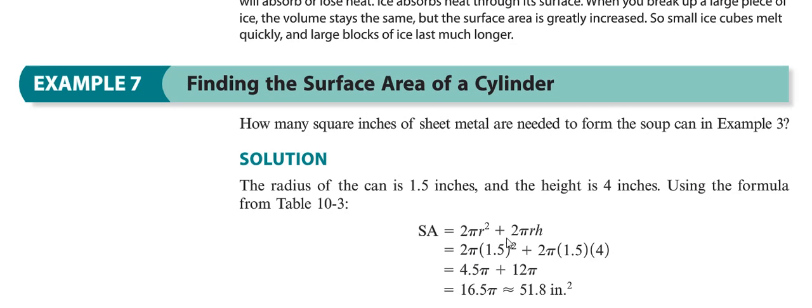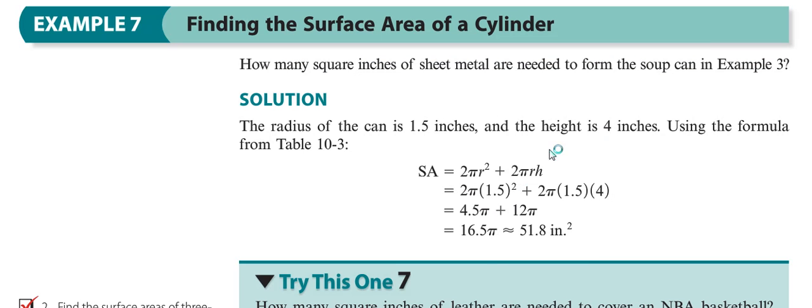R is 1.5, so that's squared, plus 2 pi times 1.5 times 4. And we do all the calculations there. We get 51.8 inches squared, or square inches.